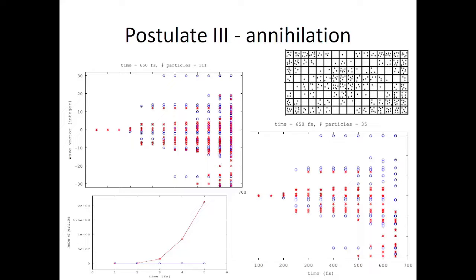So this can be detrimental for the simulation because the more particles you have, the more objects you have to update. So this means that you have to perform more computational operations. So can we avoid this? The answer is yes, and the way we can avoid this is provided by postulate 3, which introduced the concept of annihilation.